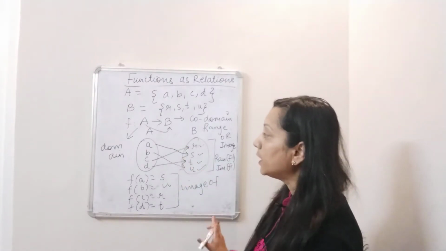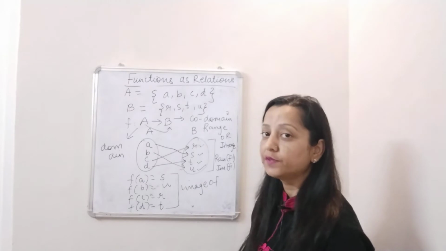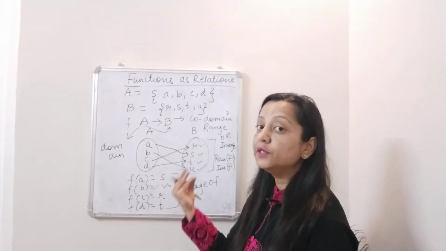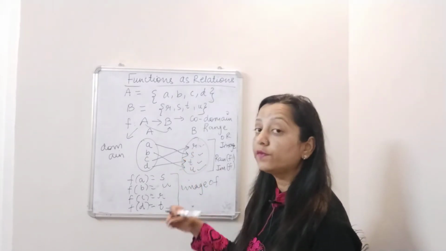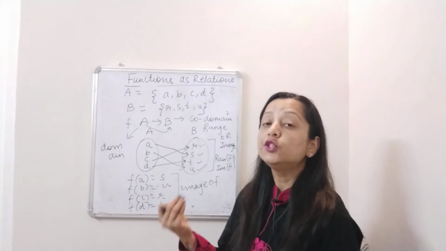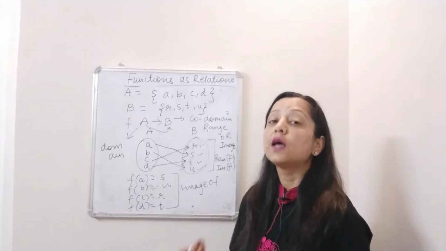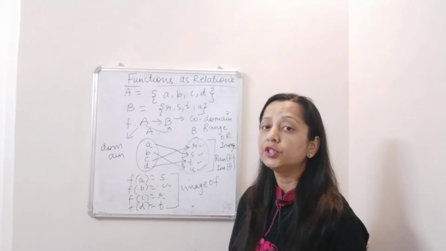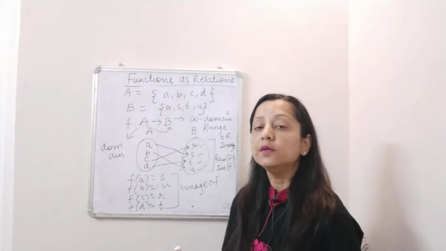So this is giving rise to a relation. That means there is a relation from the elements of set A to the elements of set B. That is why the elements of set B have been assigned to the elements of set A. Since the elements of set B have been assigned to the elements of set A, this itself gives rise to a relation, because what I told you in my previous videos when we discussed relations, that relation establishes the connection between two sets, the elements of two sets or the elements of the same set.